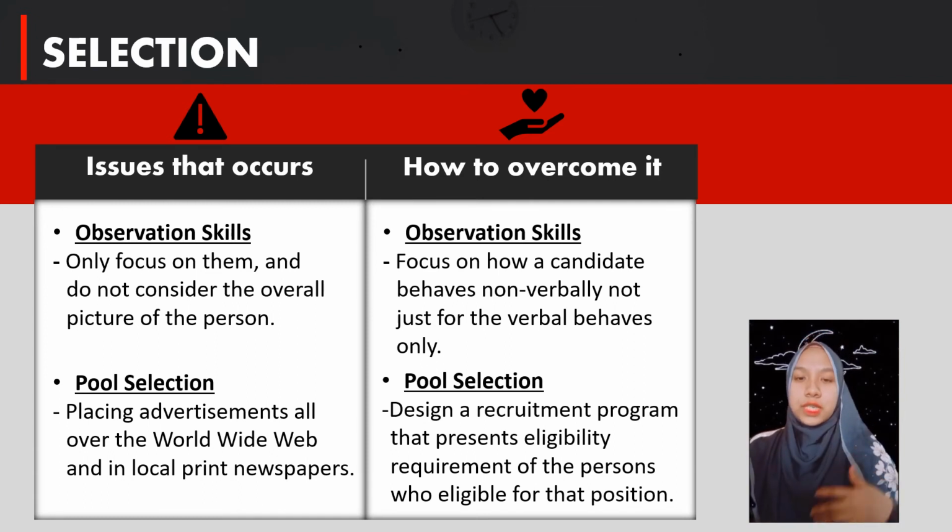So for observation skill, you can often tell as much about a job applicant from their mannerisms and expressions as from their work. Part of your selection should focus on how a candidate behaves non-verbally. Look at body cues for confidence. For example, consider whether the person stands upright, looks you in the eyes, and radiates that he can perform well in a position with your company.